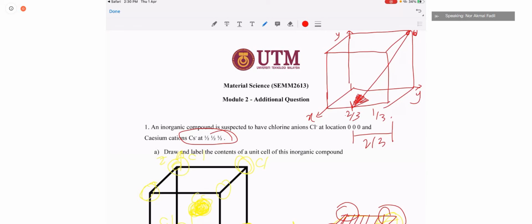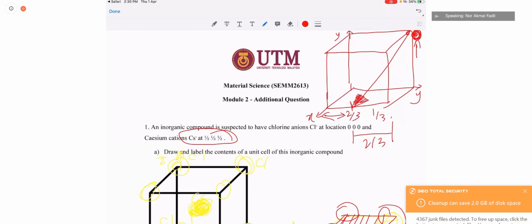You need to define the origin here. You cannot just leave it blank like this, because 2/3 can be from here to here. So to define the origin, if it is not at the location of the normal origin, which is here, you need to write it like this.